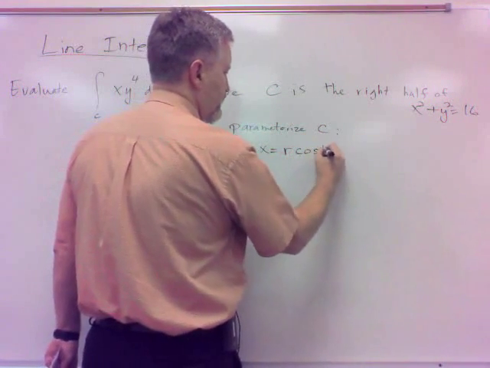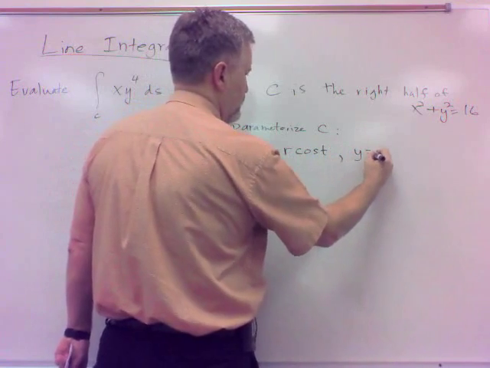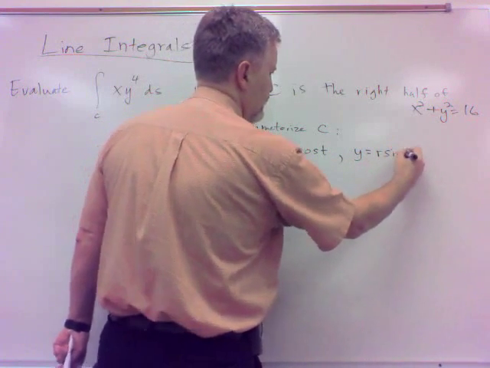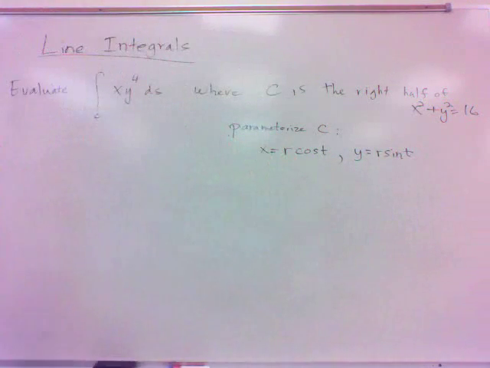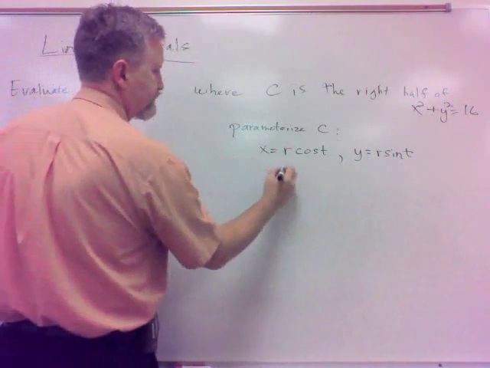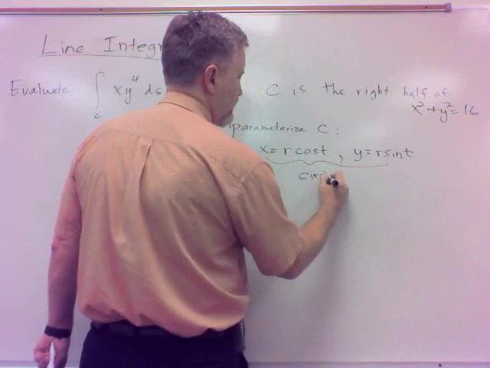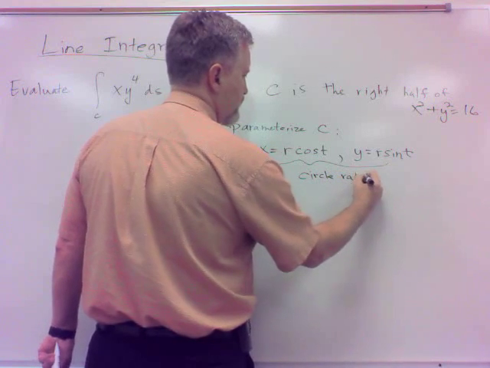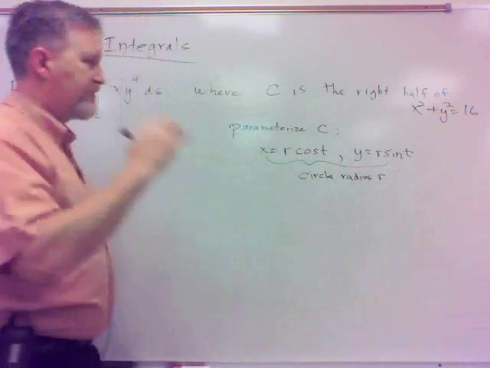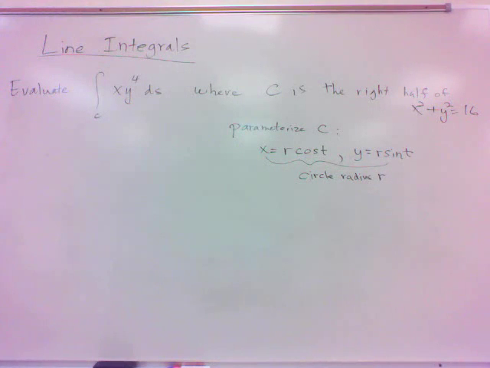So in general, a circle of radius r can be parameterized with x equals r cosine t, y equals r sine t.